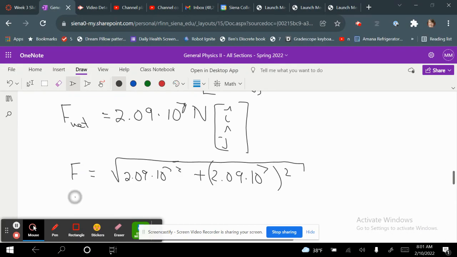So this is F equals 2.96 times 10 to the 7th newtons.